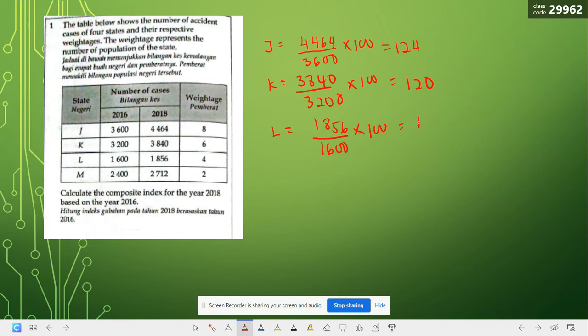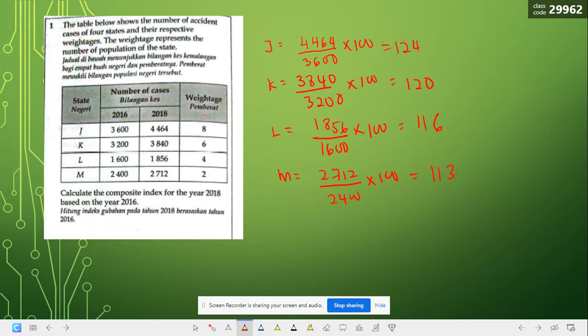So you get 116, and the last one is 2712, 2712 divided by 2400 times 100, you will get 2712 divided by 24. So you get 130. So this is the price index, okay, for each material.